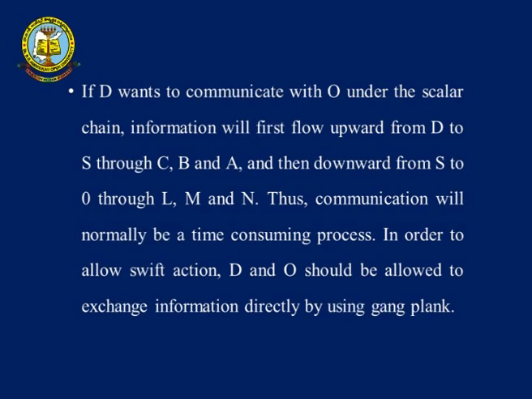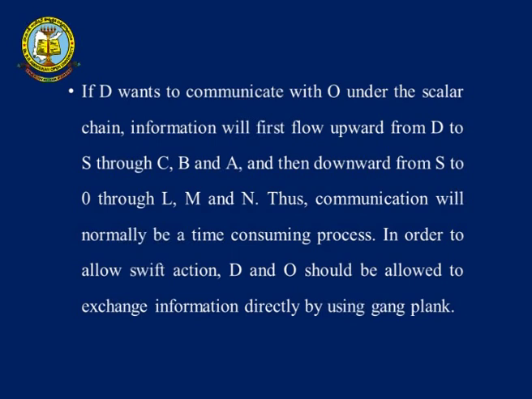If T wants to communicate with O, under the scalar chain, information will first flow upward from T to S through D, C, B and A, and then downward from S to O through L, M and N. So thus communication will normally be a time consuming process.